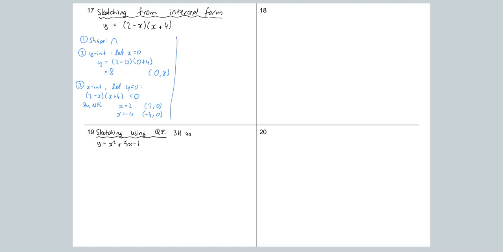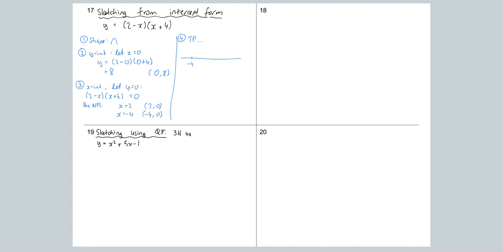Now, the turning point. This is where it gets a little bit more interesting. The turning point, when you've got the x-intercepts, is probably most easily got by averaging out, well, not averaging, but finding the midpoint. So you've got 2 here, and you've got minus 4. Oh, that was dodgy. Try that again.